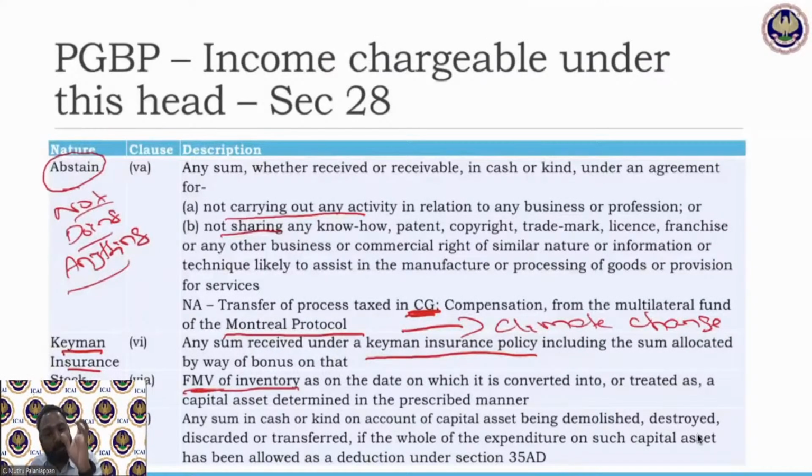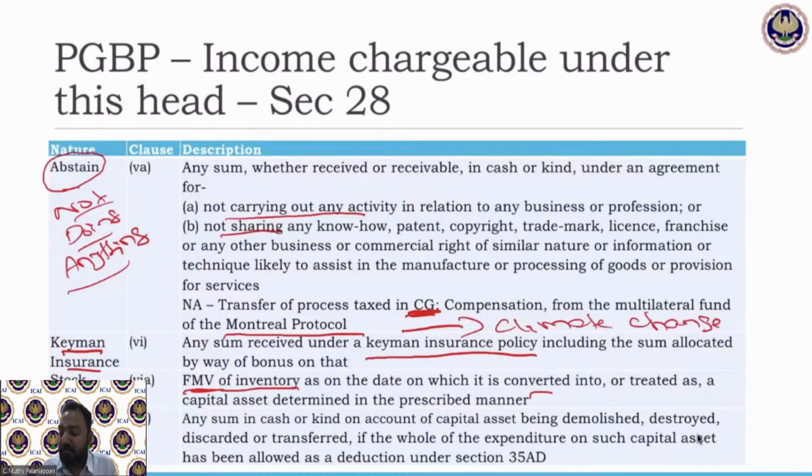In our case, it's a property. So the fair market value of that property on the date on which it is converted will be considered as your sale of assets. So please understand, when a stock is converted into a capital asset, that is your fixed asset, the fair market value on the date of conversion will be considered as your income. So that's what it is about.